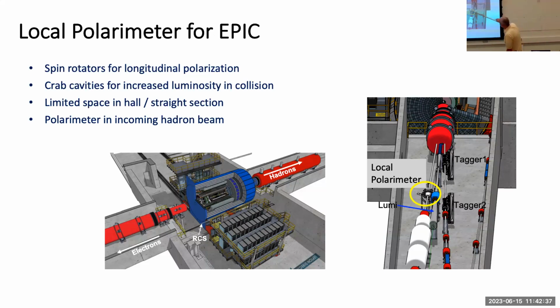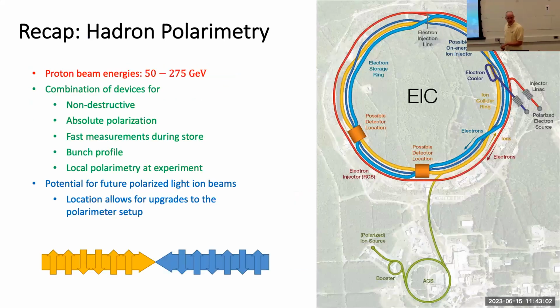So we found a location where we could put a fiber target polarimeter, which in this case is just a carbon copy of the current carbon polarimeters, a single target setup where you would be able to measure the polarization vector close to the experiment. So that's the idea for right now.